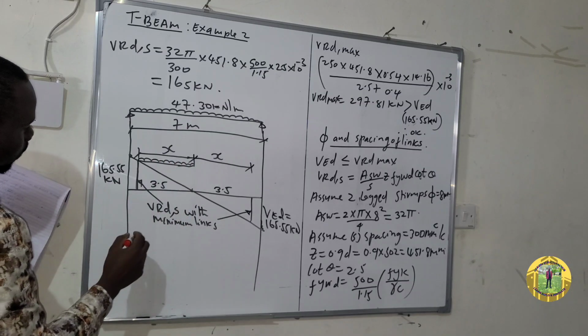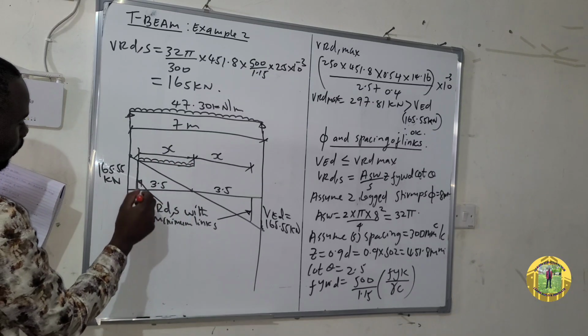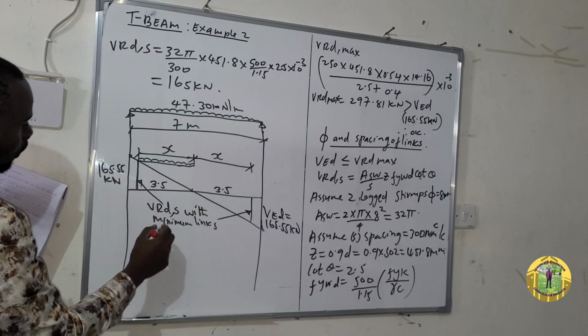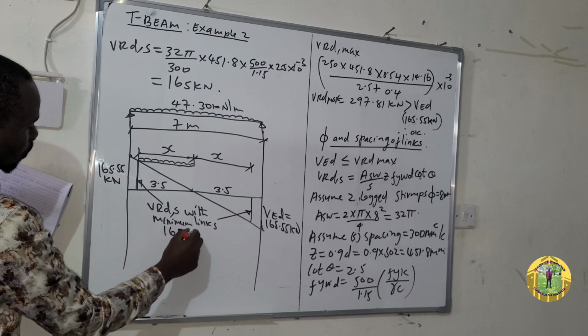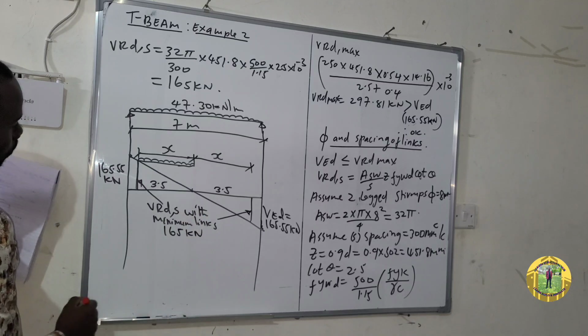So take here, VRDC here is 165 kilonewton.